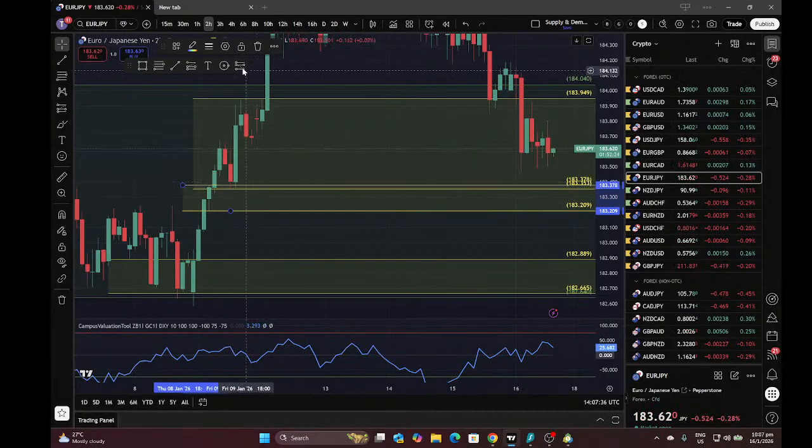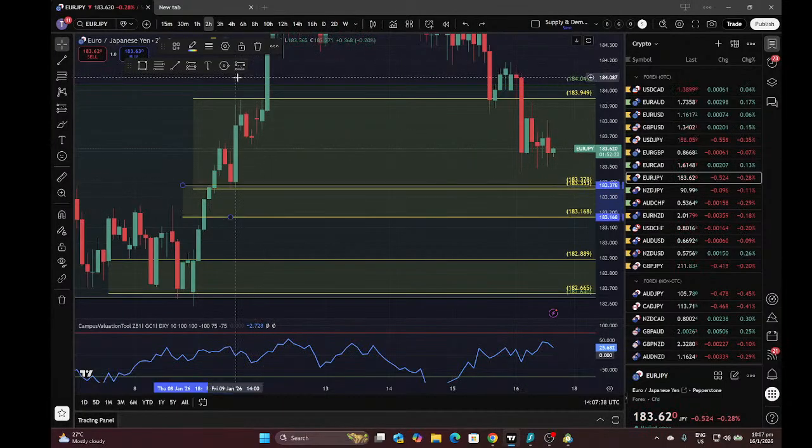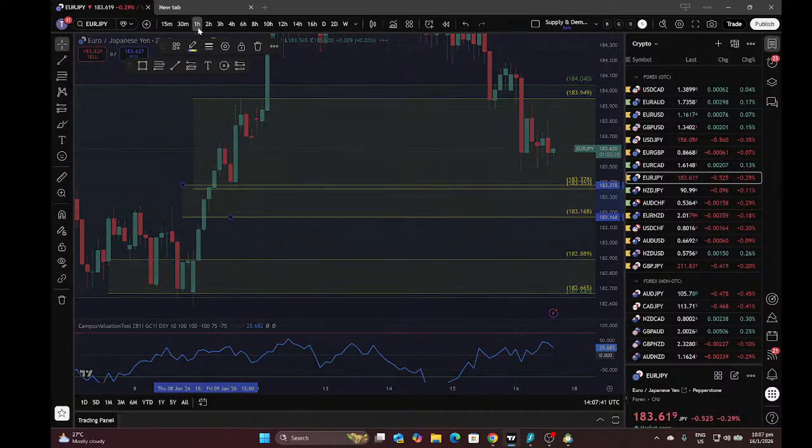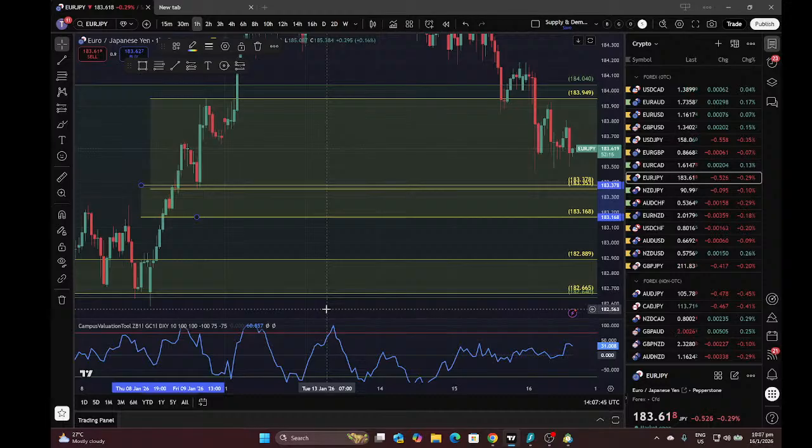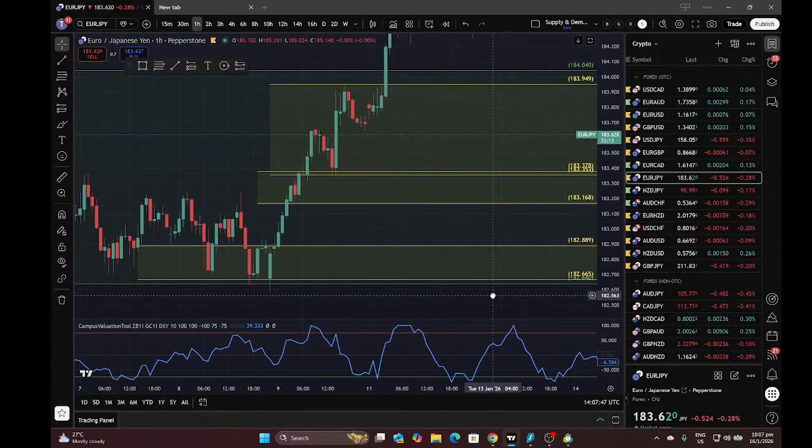Right, just gonna undo this. Let's go to the 1 hour. 1 hour will be very aggressive. Okay, there's already one zone here being mitigated, and this couldn't be another zone that we can trade on.